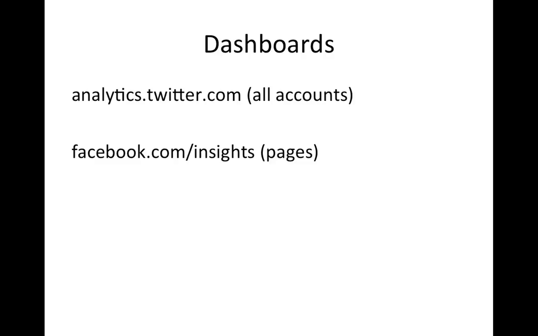Everybody can have an analytics account. It doesn't matter if it's for your personal account, or if you're a brand, or an organization, or an educational institution. Twitter supply an analytics account for everybody. It never used to be the case, but recently they've allowed everybody access to the analytics.